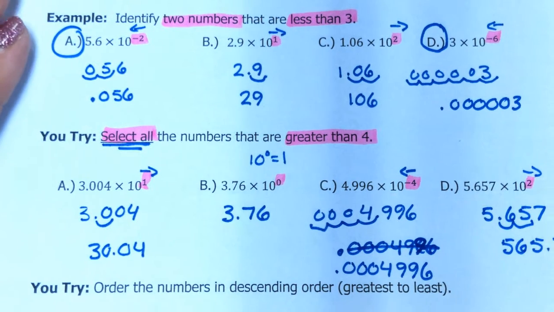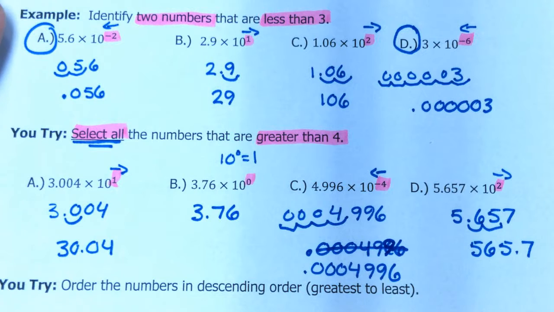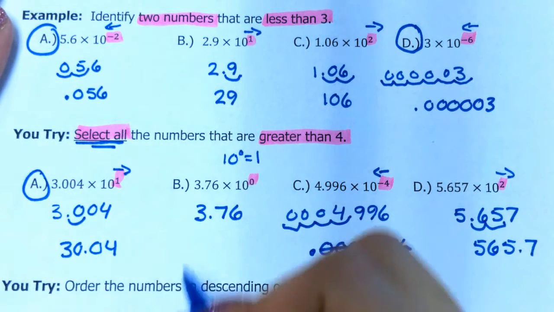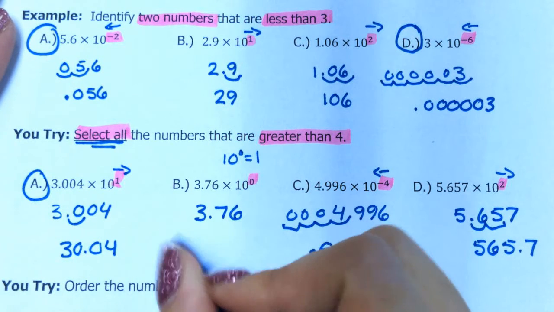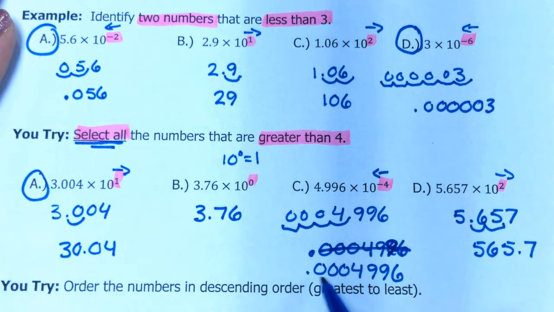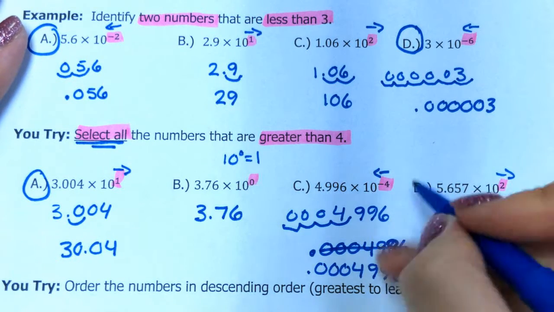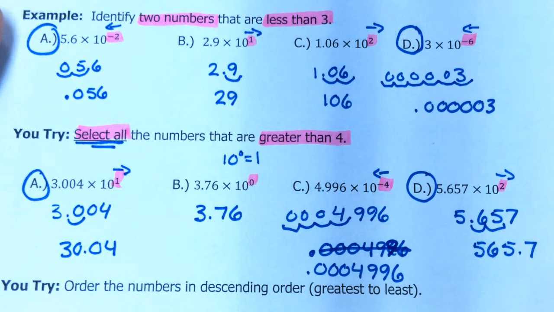Alright, now I need two numbers that are greater than 4. 30.04, that's bigger than 4. 3.76, that's less than 4. 0.0004996, that's less than 4. 565.7, that's greater than 4.